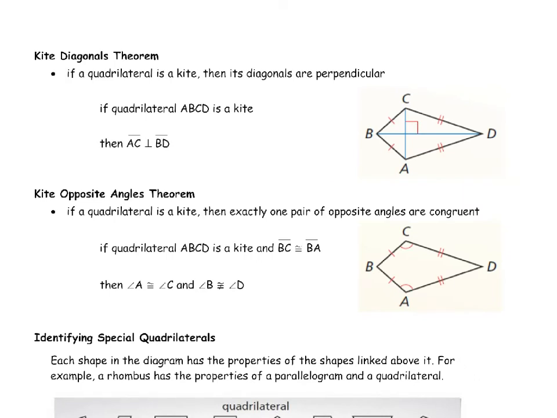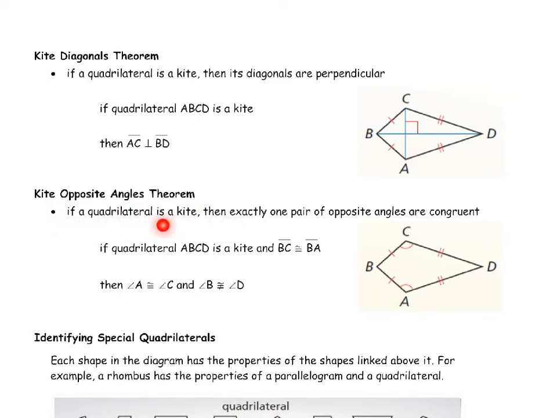The kite diagonals theorem states that if a quadrilateral is a kite, then its diagonals are perpendicular. So if you look at line segment AC and line segment BD, we can see that these 2 diagonals are perpendicular to one another, which justifies why this is a kite. We also have the kite opposite angles theorem.